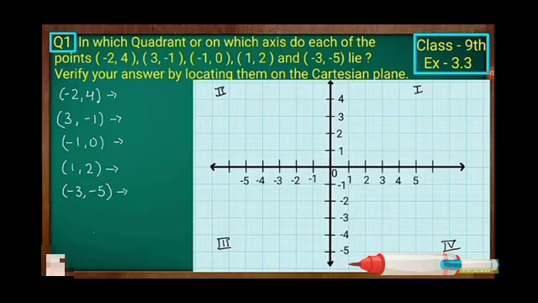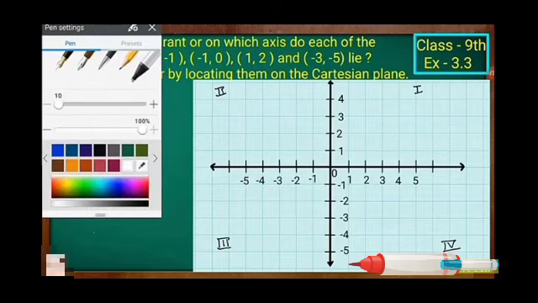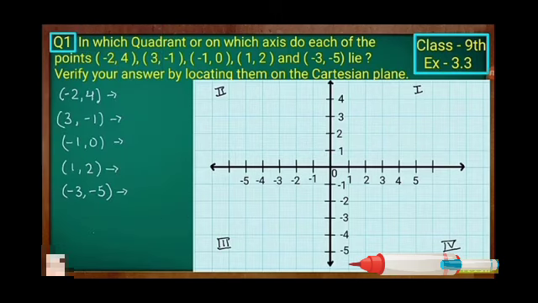You can see here, this is a graph sheet. X-axis, y-axis, four quadrants. X is -2, y is 4. So check it: at the x-axis -2 and y is 4. So plot it.